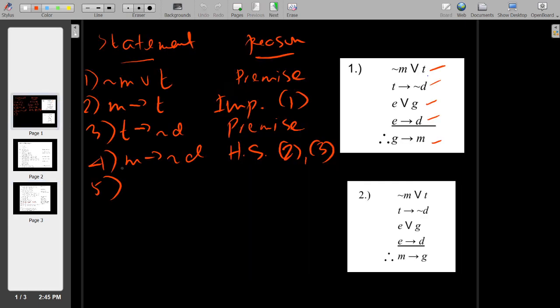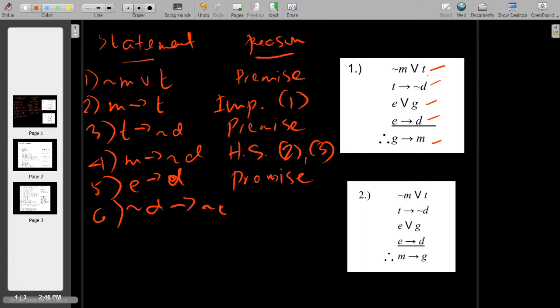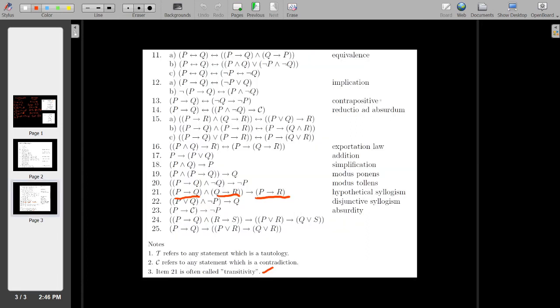Okay, so let's proceed. Statement 5: E implies D. This is again premise. Let's go to our sixth statement: the negation of D implies the negation of E. This is called contrapositive, from the previous statement 5. Let's check contrapositive.